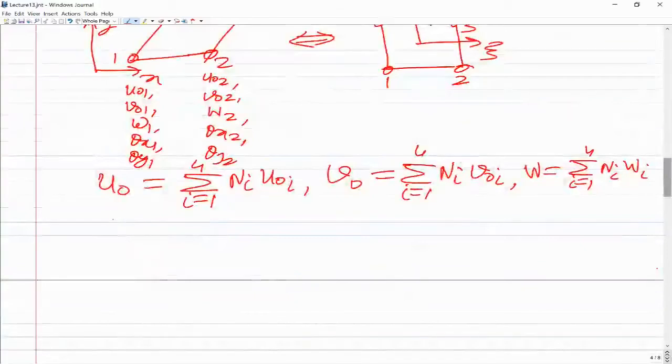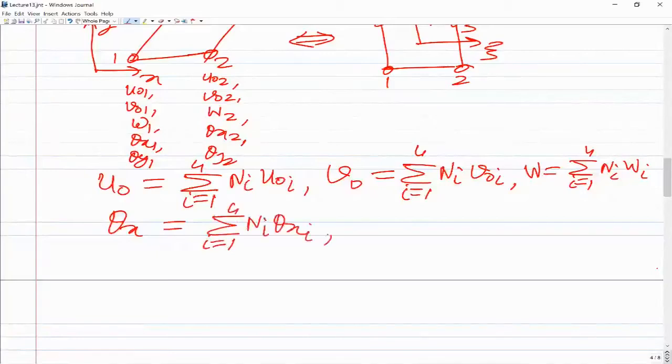By now you know how to write these. Similarly theta x is summation i going from 1 to 4 of Ni theta xi, and theta y will be summation i going from 1 to 4 of Ni theta yi. So this will be the interpolation.